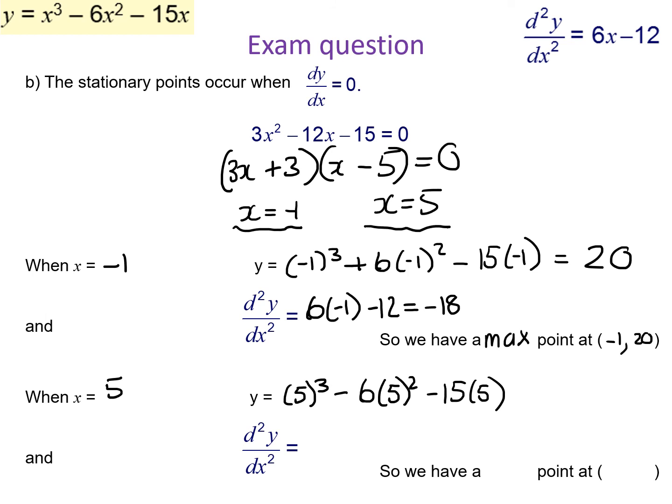It comes out at minus 100. Hope you got that too. So we know the stationary point is at 5, negative 100.